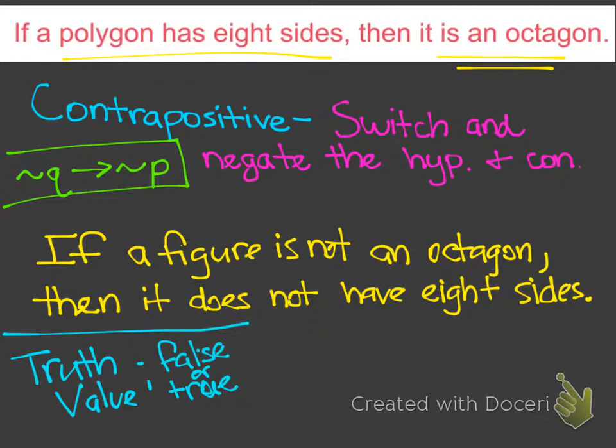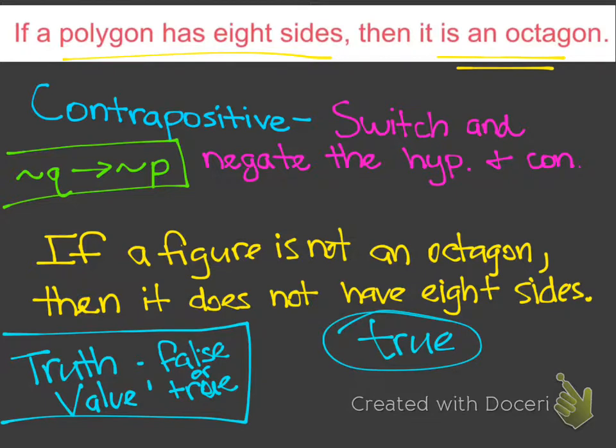So the truth value just means, is it true or is it false? So let's look at this contrapositive. If a figure is not an octagon, then it does not have 8 sides. Well, that is a true statement. That will always be true. And if you can find even one case where it's false, then it is false. Okay, that is a counterexample. It proves what we're saying is wrong.